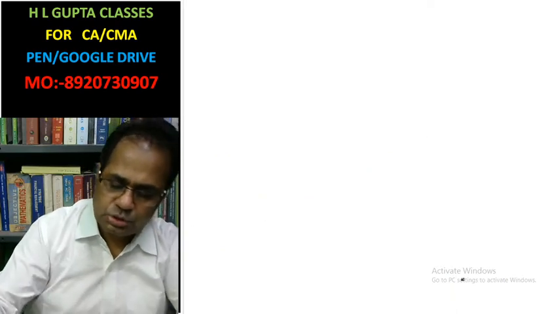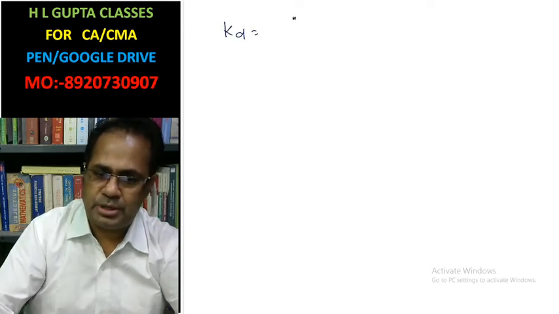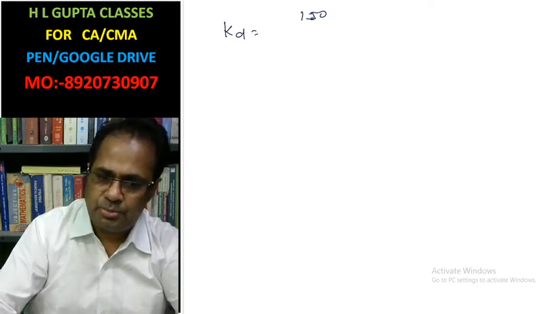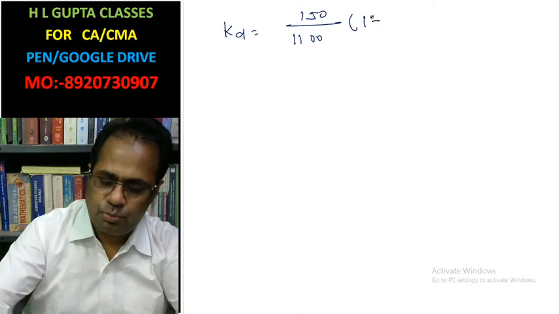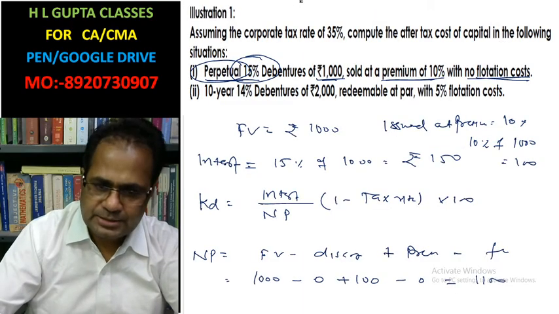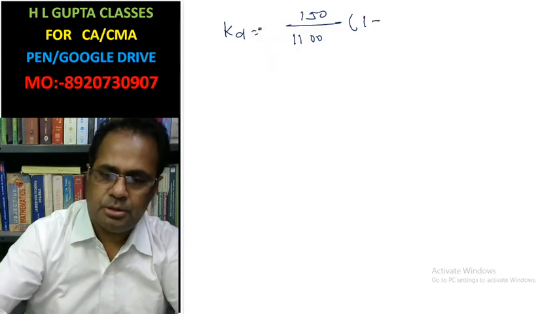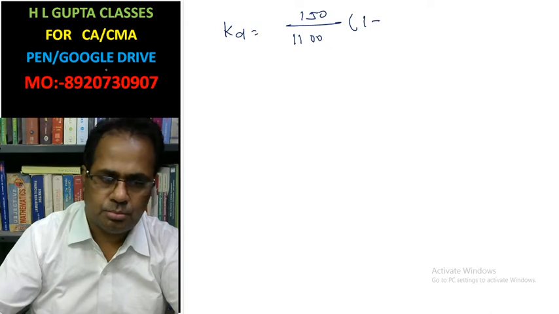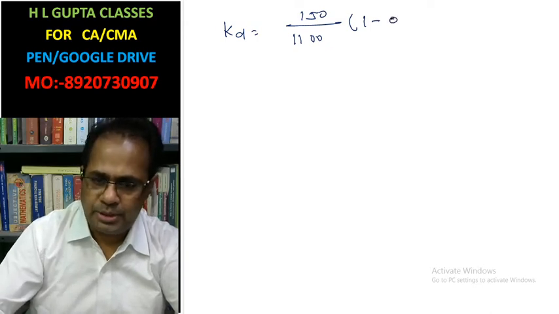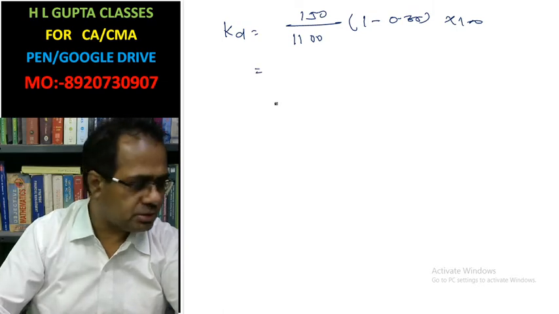In this case, cost of debt is calculated as interest 150, net proceed 1100, tax rate 35%, that is 0.35, into 100. This is the formula.